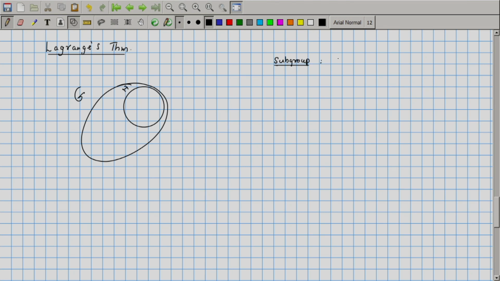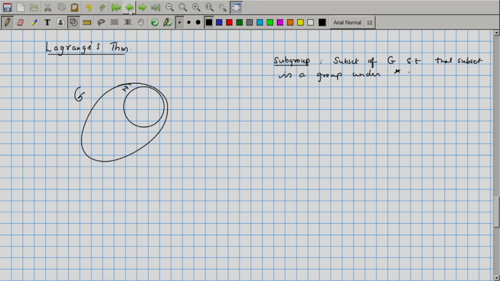So, a subgroup is a subset of G such that that subset is a group in its own right under the same operation. Let us say G was a group under star. If you find a subset which is a group under the operation star, that will be a subgroup.